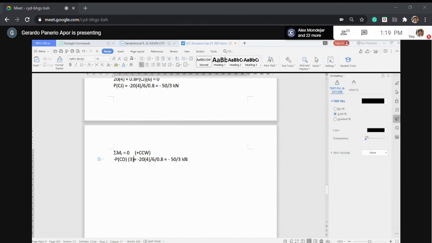So your equation becomes plus 22.5 times 4, and that is equal to, well, we compute that, 22.5 times 4 divided by 3. Positive 30. Positive 30. Okay? That's CD.